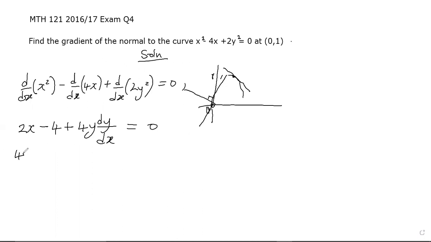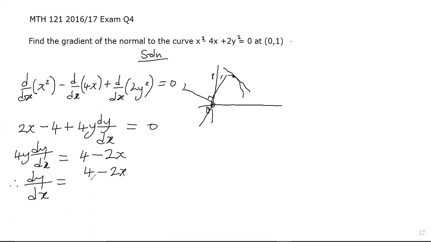So 4y dy/dx will be equal to 4 minus 2x, so that our dy/dx will now be (4 minus 2x) divided by 4y.